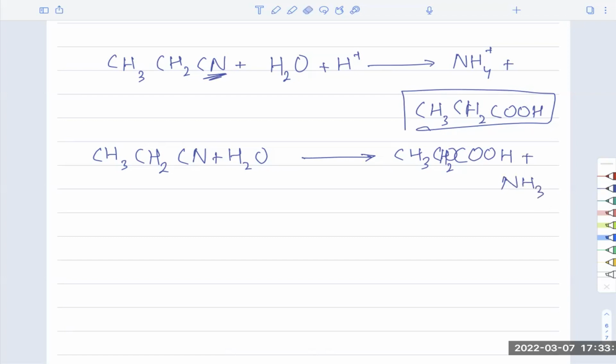So the primary reaction is that in the presence of water, the nitrile group will break down and form a carboxylic acid. In case H positive is available, as is the case over here, that H positive is given to the ammonia that forms, and it forms ammonium.